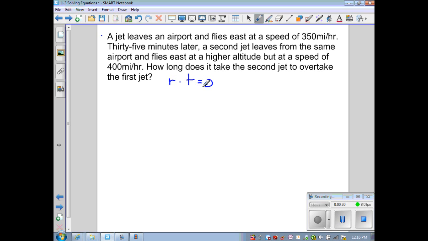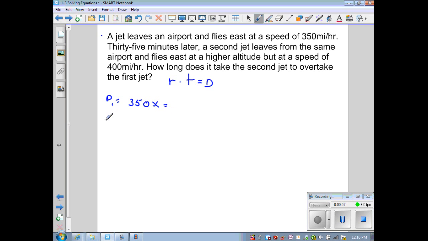Well, we know the rate of each. The first plane, P1, its distance is going to be at a rate of 350 miles per hour. I don't know how long it's been in the air, so I'm going to call that x. Remember, it's the one I know least about. The other one has been in the air 35 minutes less. So 350x, rate times time, equals our distance, which is going to be determined.